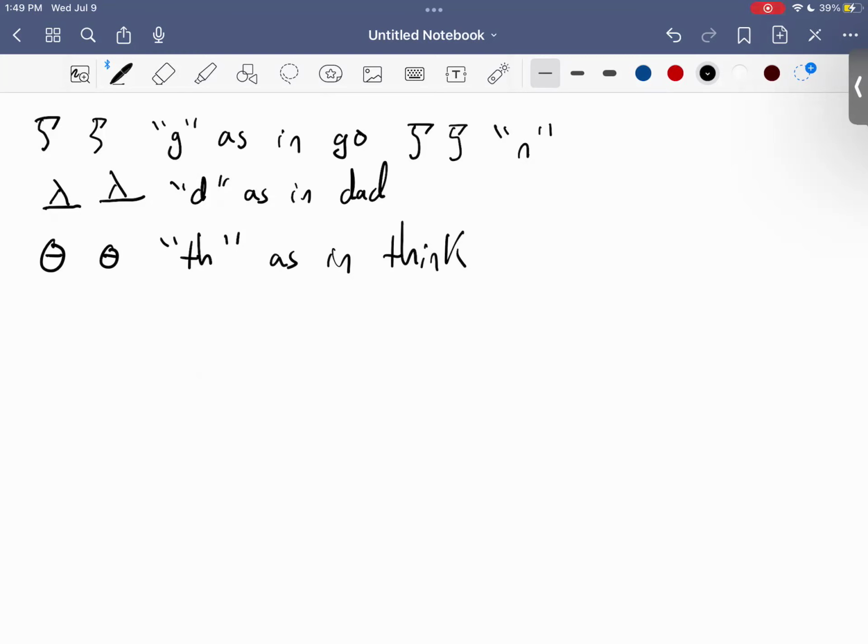All right? The next one we have is sometimes referred to as lambda or lavla, but it's an L, as in look. Okay, this is the uppercase, as in look. Okay, L as in look.